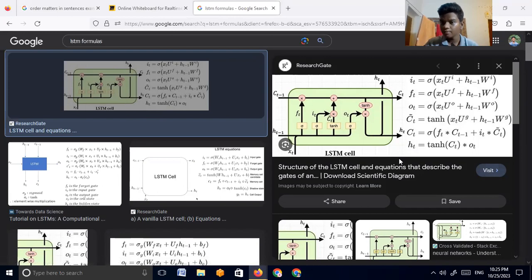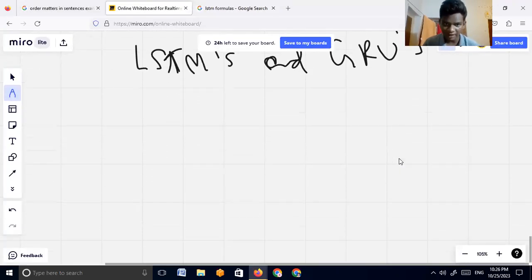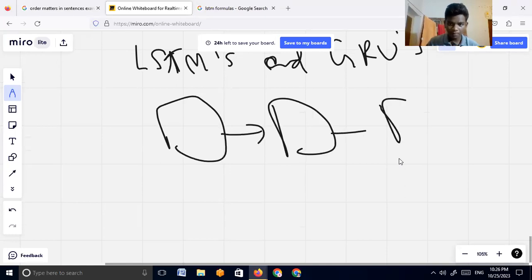So here, let's say we have xt, which is the current input state. Basically, LSTMs also consist of the same architecture, right? We're going to have the cells lined up, each containing a neural network.